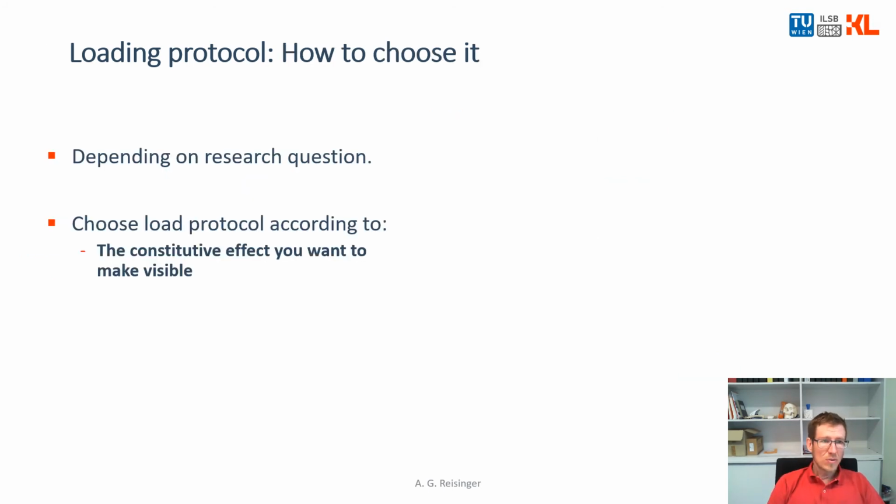Yeah, so how to choose this loading protocol? Yeah, it depends on the research question. Depending on what you would like to measure, actually, you have to choose your loading protocol accordingly. And you can do that with two strategies. Yeah, for example, you would like to make a certain constitutive effect visible.